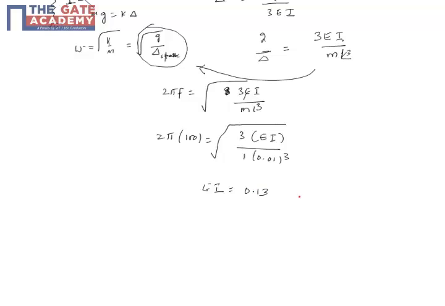EI is about 0.13, and the units would be, well, E units is Newton per meter square, and I will be meter power 4. It looks like mass moment of inertia, mr square, right?